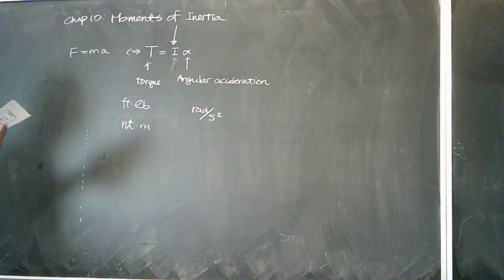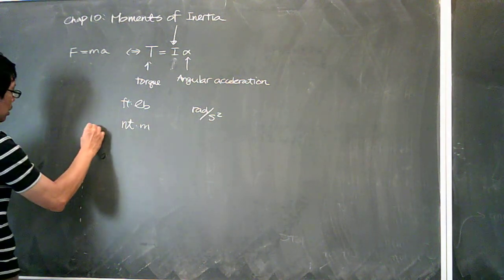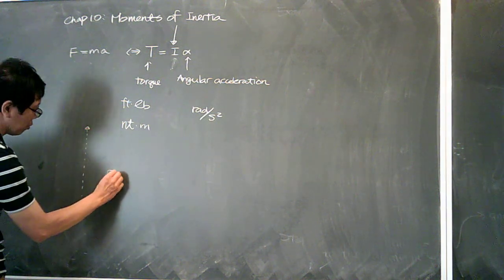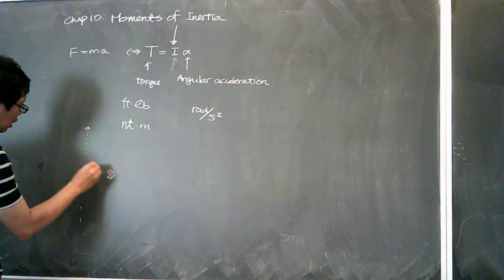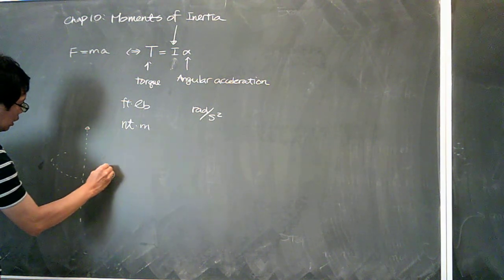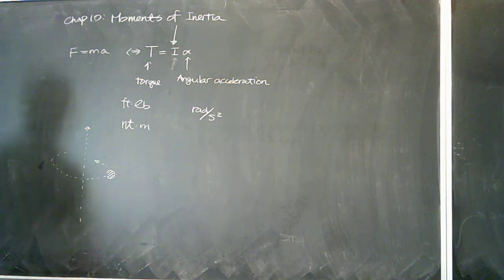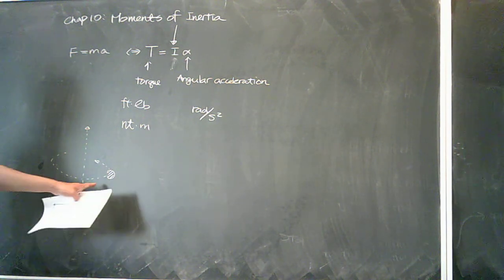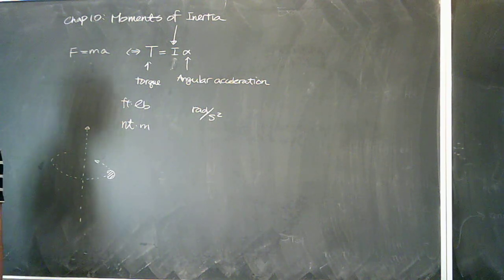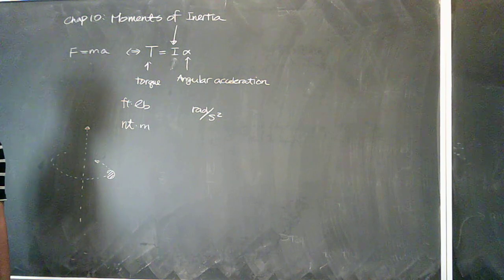If you have an axis, then your object is rotating around this axis. How are we going to calculate the moment of inertia around this axis? Because the basic information we can obtain is its mass.